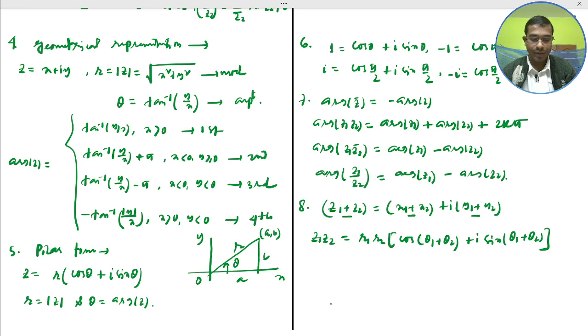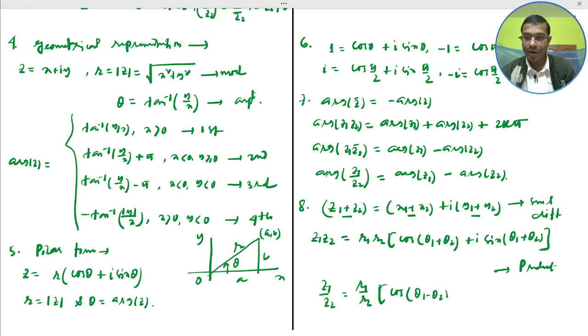The first one is the sum and the difference, this is the product, and the last one the quotient, meaning divide z1 by z2, that is r1 by r2 (cos (theta 1 minus theta 2) plus i sin (theta 1 minus theta 2)). This is the quotient.